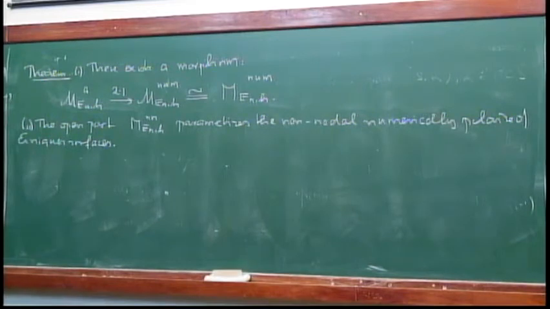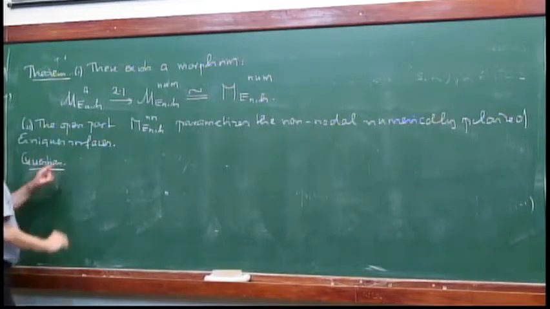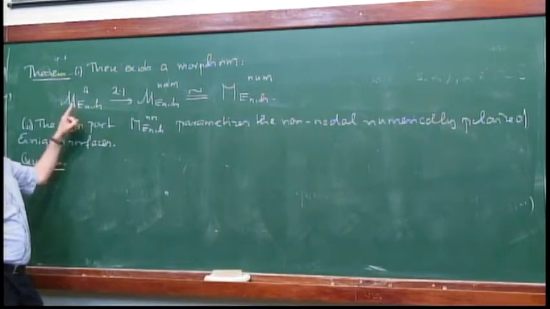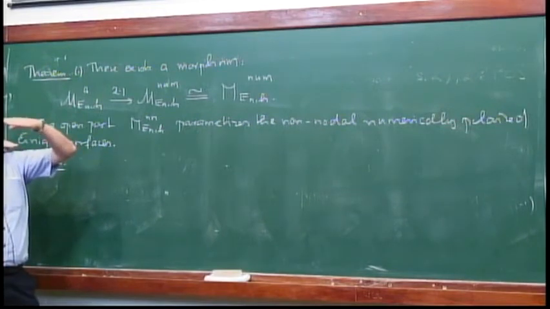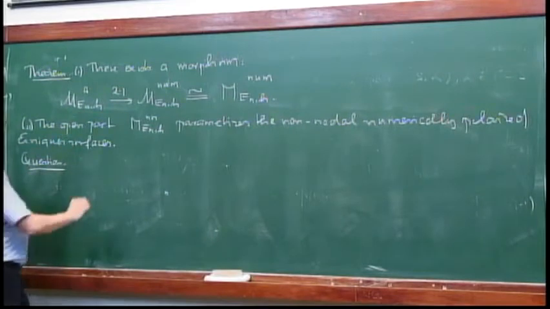There are actually two questions here to which I do not know the answer. I have this 2-to-1 cover here. I do not know in general whether this is trivial, in the sense of two disjoint components, or whether this is connected.